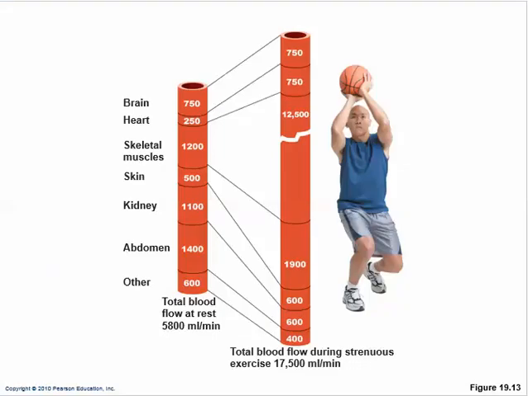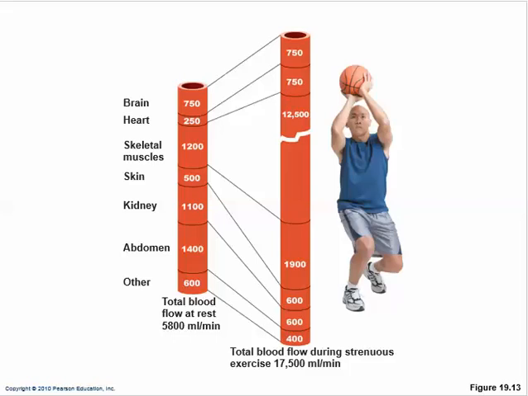This is an example of where the blood flows to. Your brain always gets about the same amount because your brain is constantly using oxygen at the same rate. So it always gets about 750 of the 5.8 liters. Your heart, as you exercise, triples the amount that it gets. Skeletal muscles get 10 times the amount.